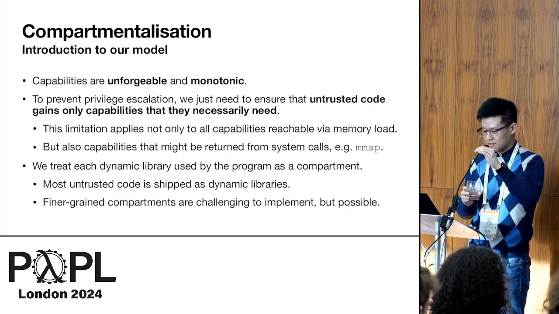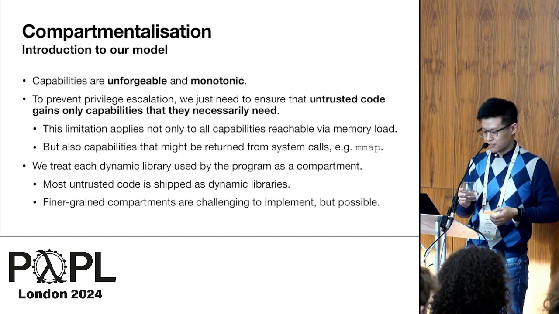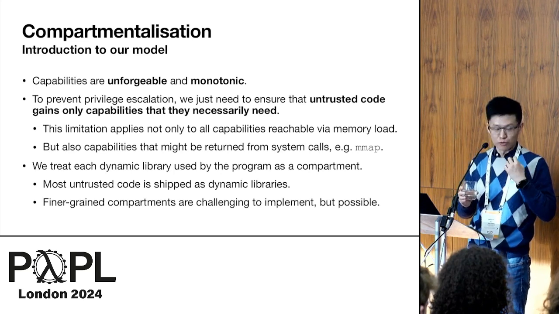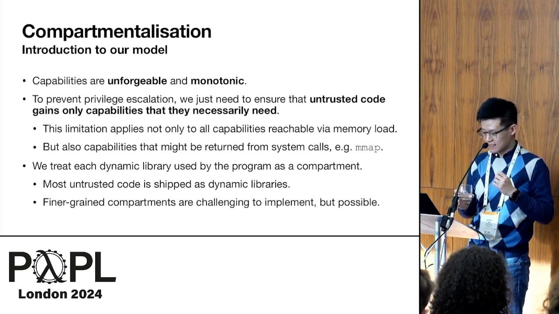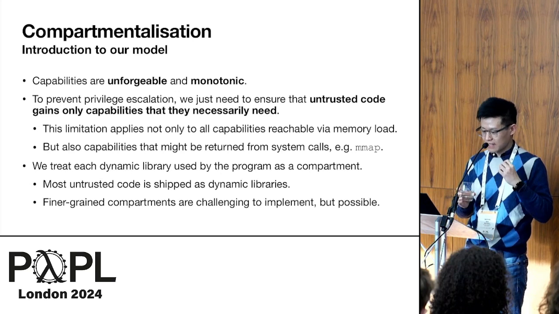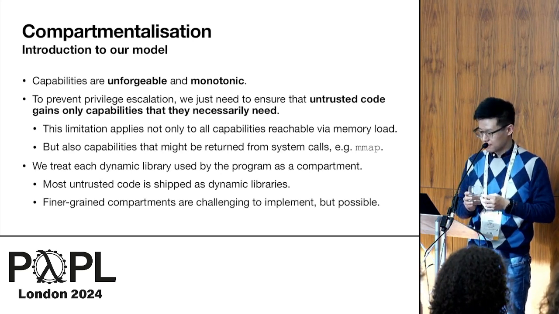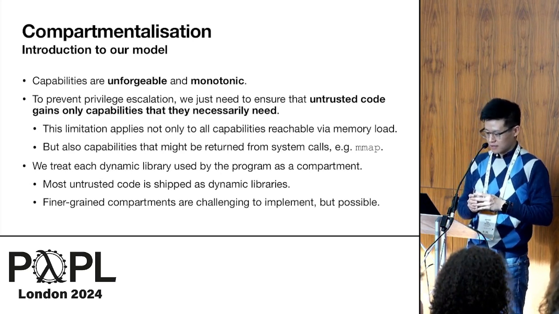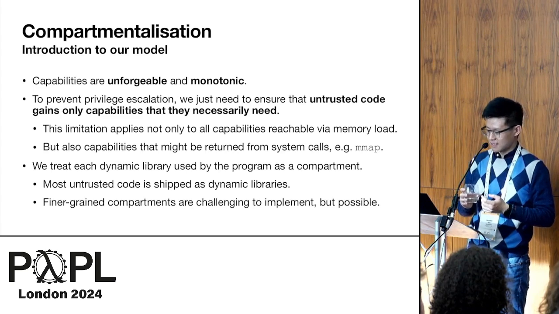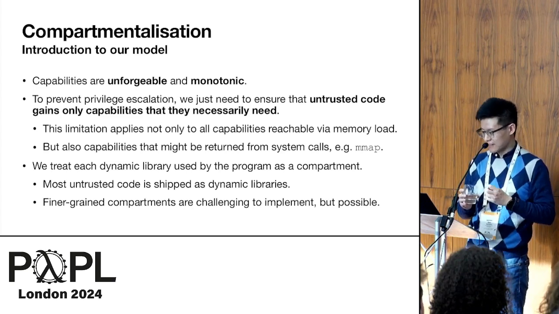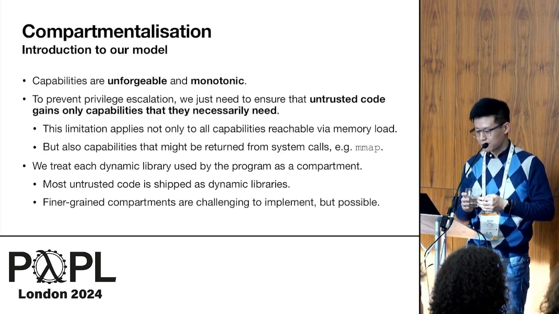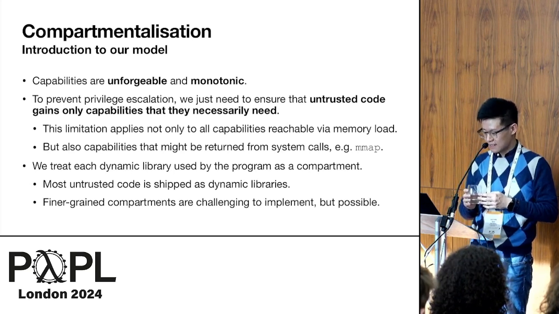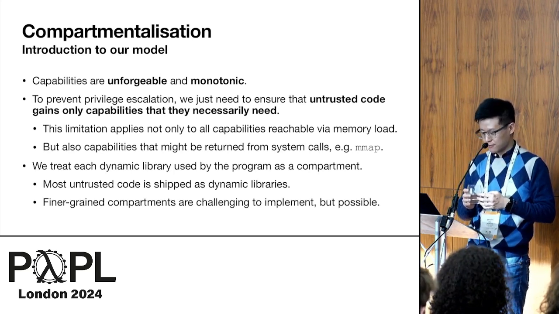So we came up with this model where we take advantage of capabilities. So remember, capabilities are unforgeable and monotonic. So in order to prevent privilege escalation, we just need to ensure that untrusted code gains only capabilities that they necessarily need. This is the principle of least privilege.